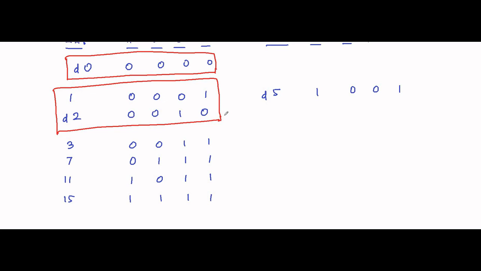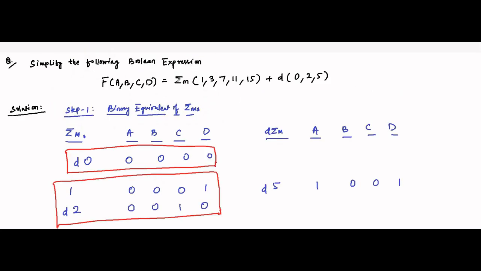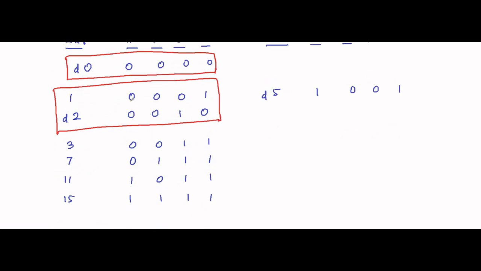Every step is the same as we do without don't care, with only minterm values. Only at the last, when we pick the essential prime implicants, the priority is given to the normal minterm values, the first bracket. The don't care values assist in the formation and merging of minterm pairs, like pairs, quads, octets, but they are not given the first priority.